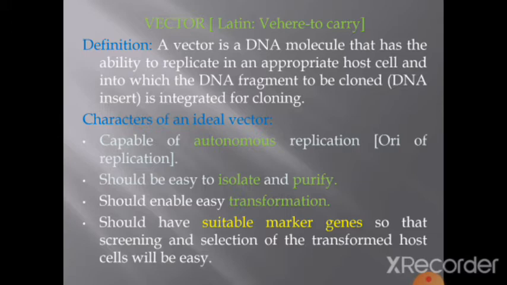You must have studied, as zoology students, vectors in parasitology, but there vectors are altogether a different aspect. In recombinant DNA technology, though they are used in the same sense, that is as carriers, their role to be played is totally different. What is the definition then?